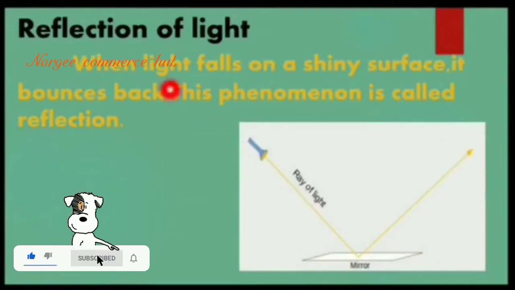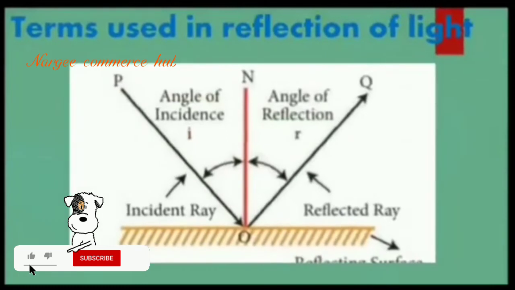Terms used in reflection of light: incident ray, reflected ray, angle of incidence, angle of reflection, normal.